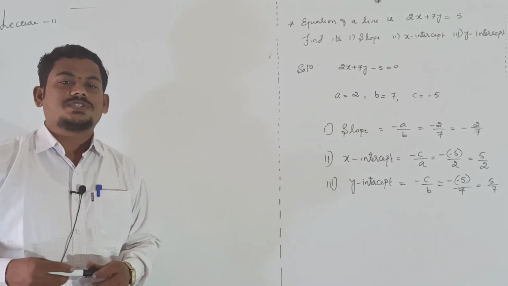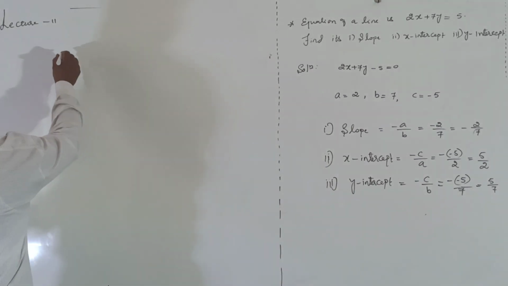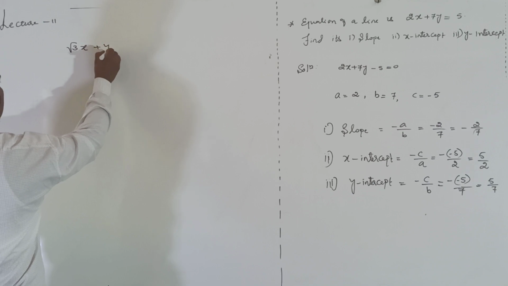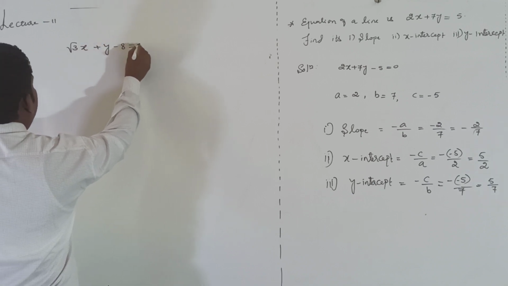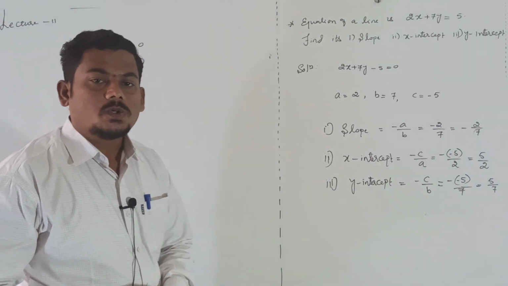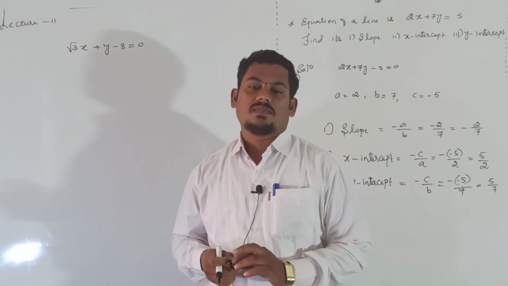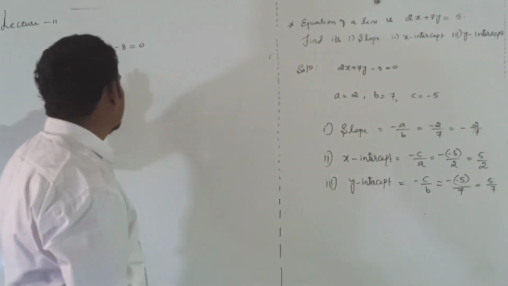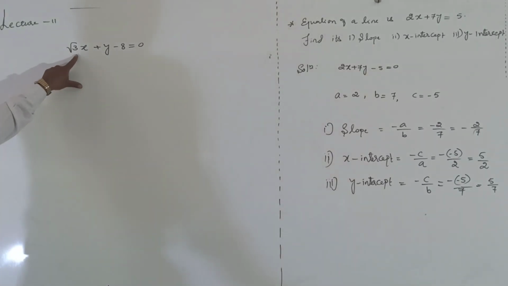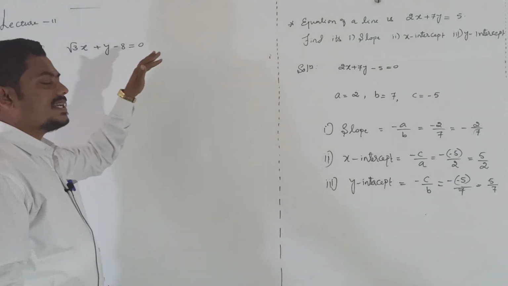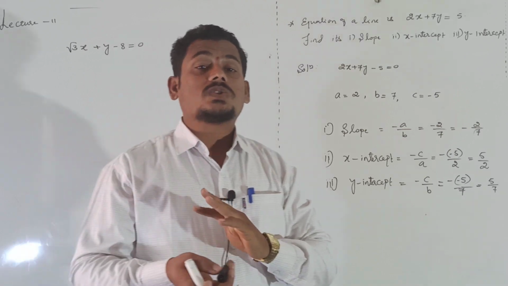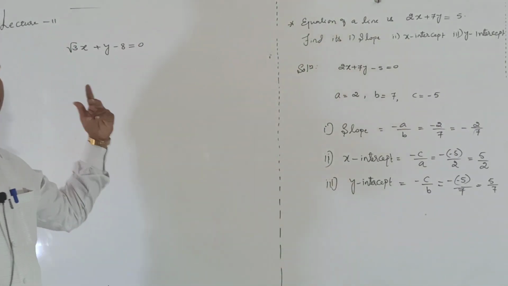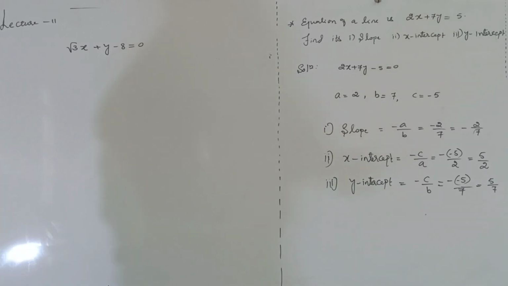Next, reduce the equation root 3x plus y minus 8 equal to 0 into slope intercept form, or convert the given equation into slope intercept form.